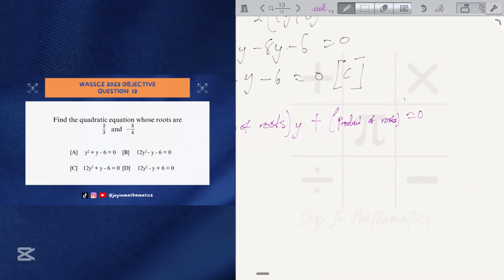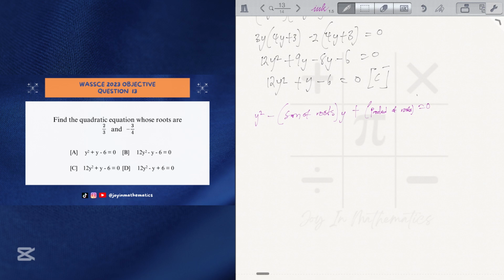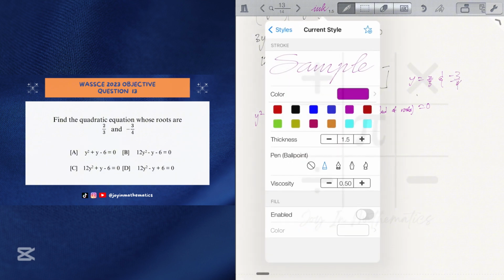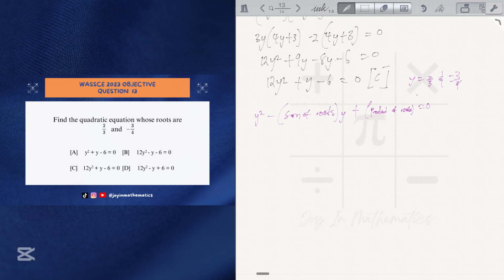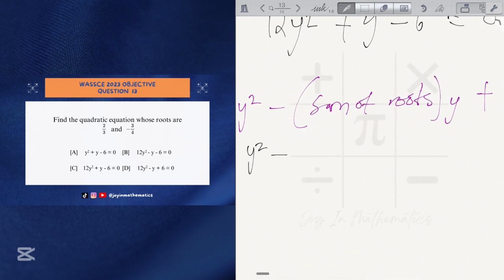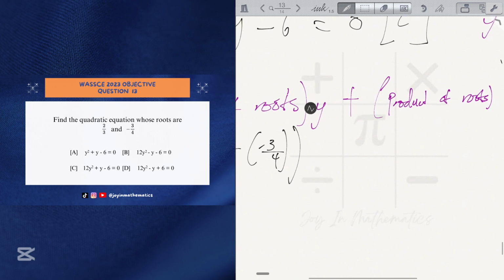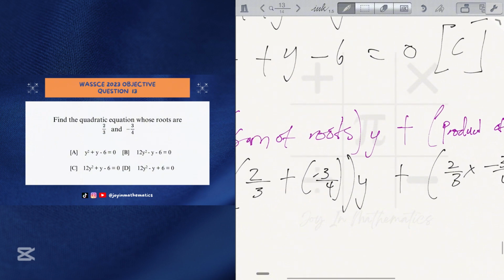So now let's begin with the roots. What are the roots? We have y equal to 2 over 3 and minus 3 over 4. If these are the roots, then we can make the substitution easily. So we have y squared, the sum of the roots being 2 over 3 plus minus 3 over 4, times y, and the product of roots will be 2 over 3 multiplied by minus 3 over 4, equal to 0.